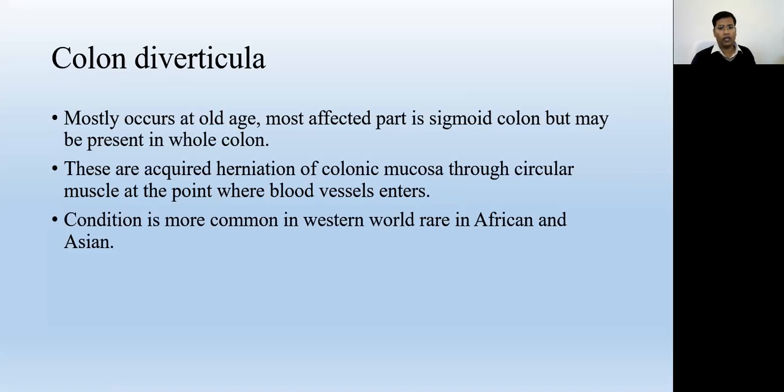These are acquired herniations of the colonic mucosa through the circular muscles at the point where the blood vessels enter. Just similar to jejunal diverticula, these diverticula are also present at the mesenteric border, where the mesenteric vessels enter the bowel. That portion becomes weak, so herniation through the muscular part of the bowel creates the diverticula in that portion.